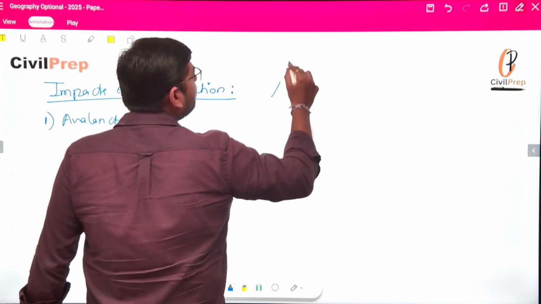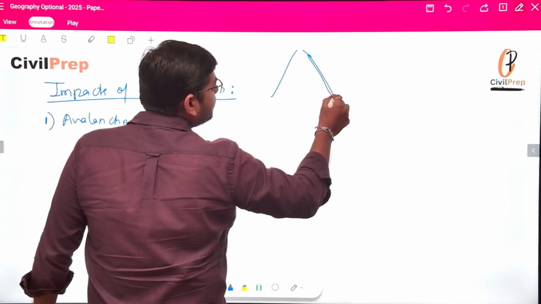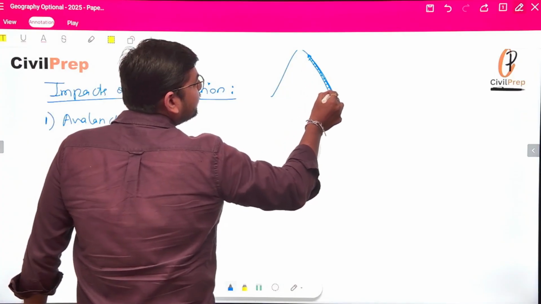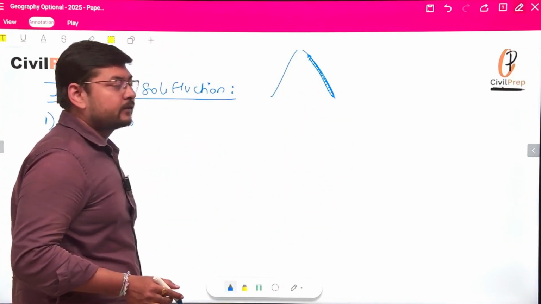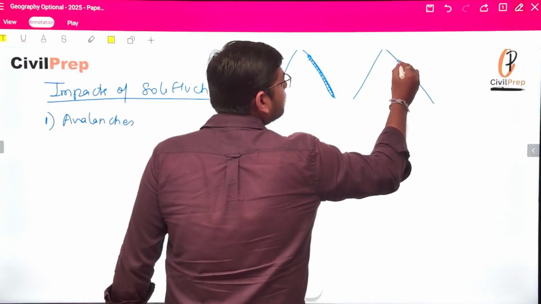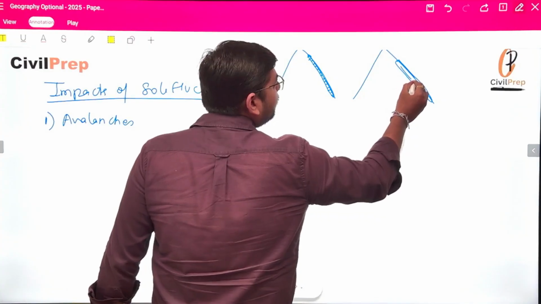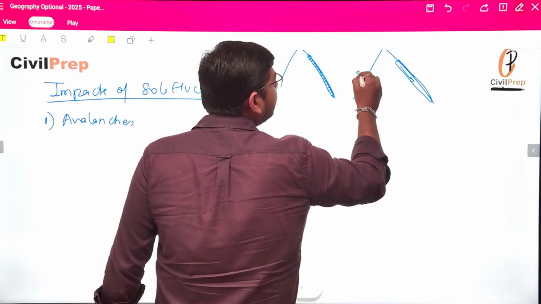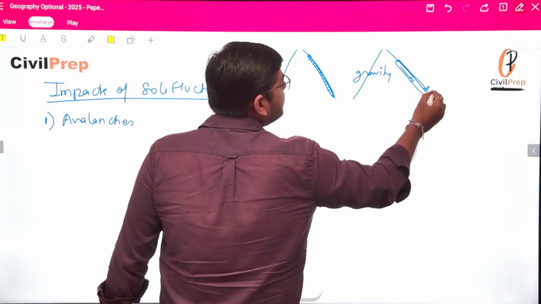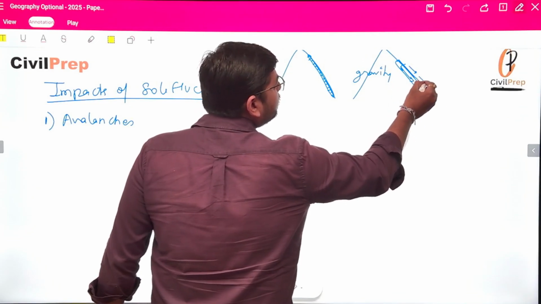So under a slope, there is a periglacial region. Okay, this soil region is actually frozen, but when it starts to thaw, we'll be seeing that it will move down the slope under the influence of gravity. Okay, so here we'll see that the various parts of this soil will start to move forward.